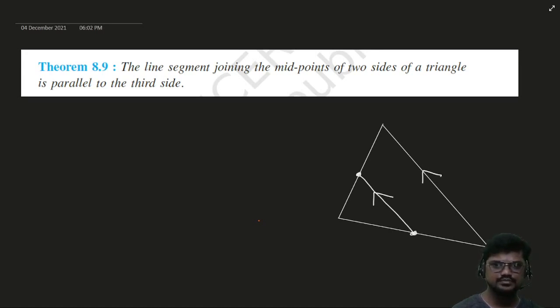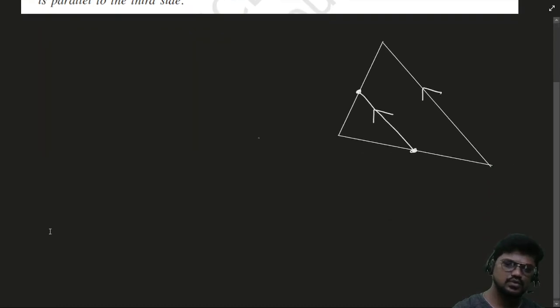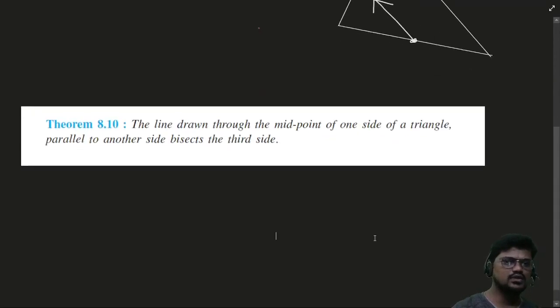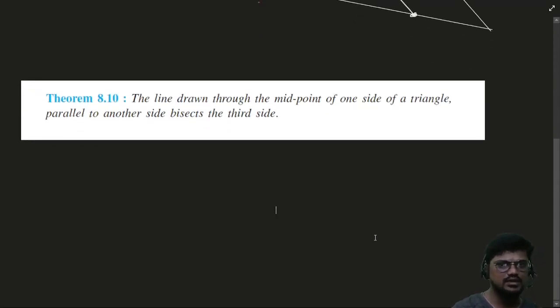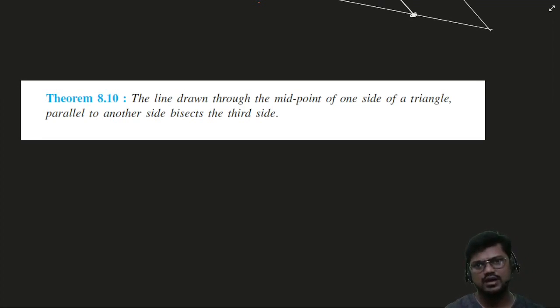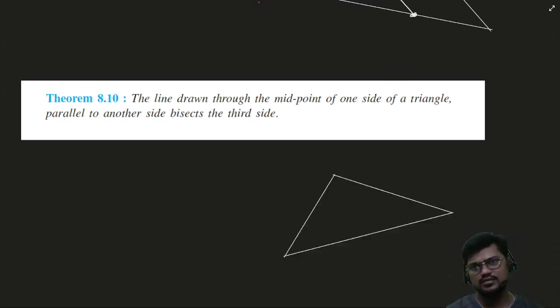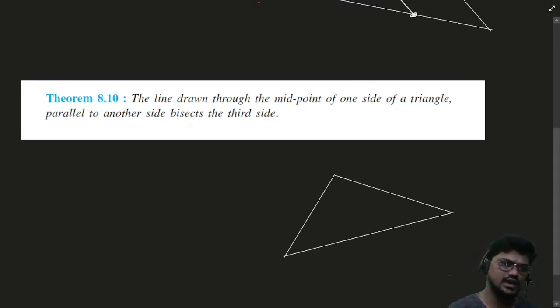One more theorem. Also, it is just the converse of this theorem. What does this theorem state? The line drawn through the midpoint of one side of a triangle parallel to another side bisects the third side. What does it mean? Again, see, I'll draw a triangle again. Suppose this is any triangle. Now the line drawn through the midpoint of one side of a triangle.